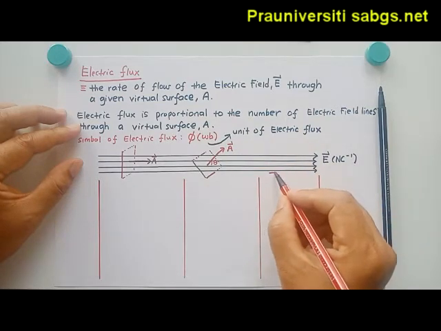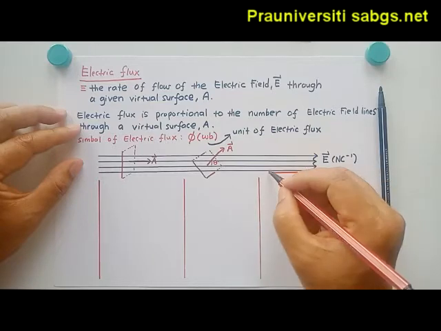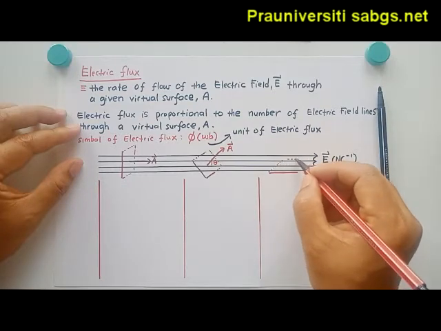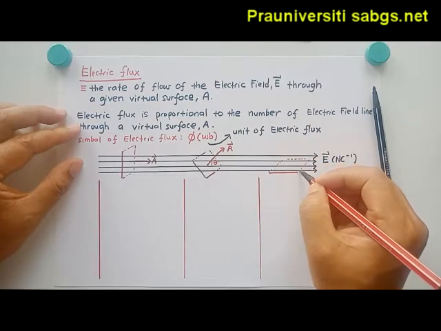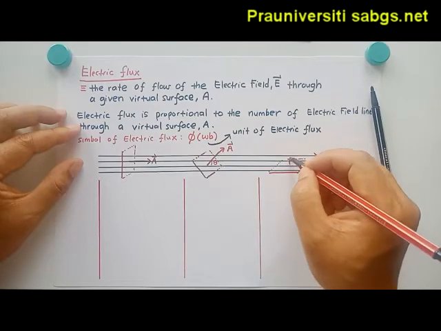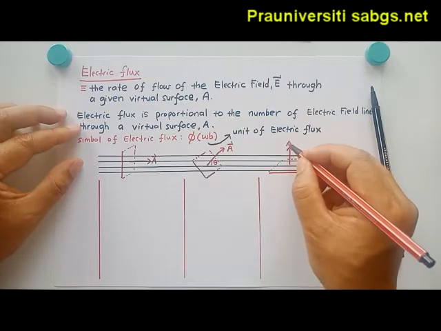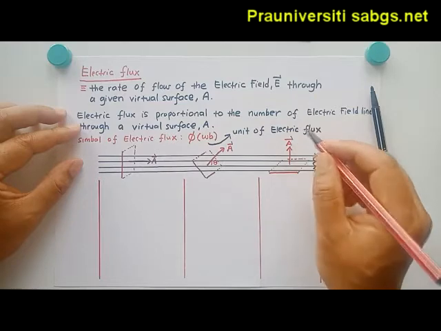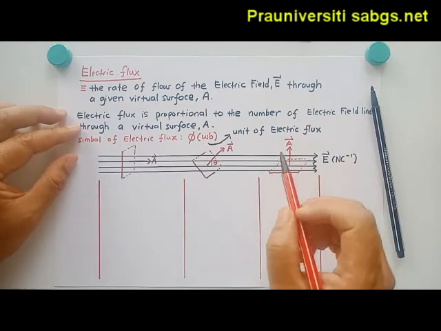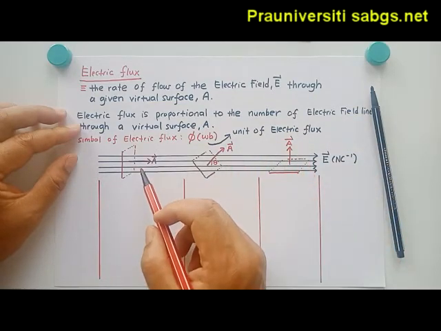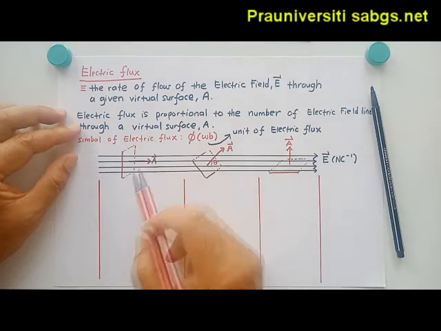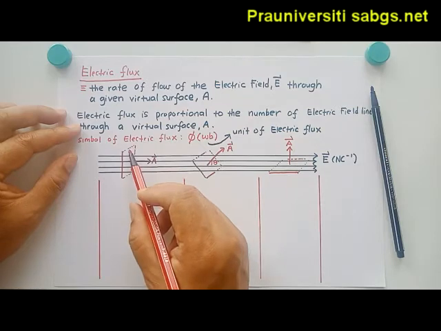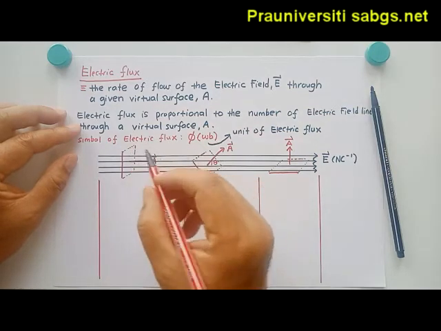And then the last one is here. So I draw the virtual surface, and then the vector of A, the vector of the surface, is here. Just to explain here, this one is the virtual surface.